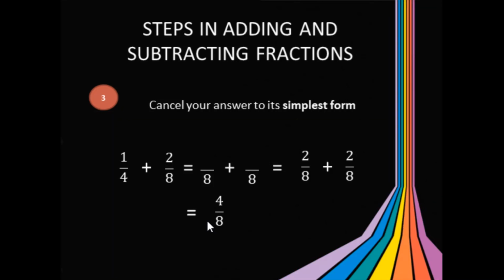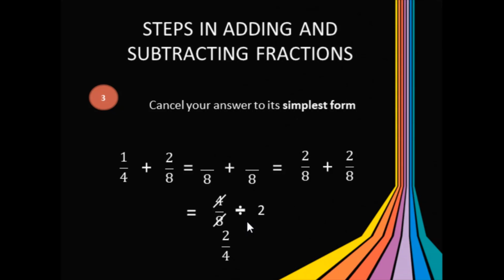Okay, we can have 2. We cancel it this time. 4 divided by 2, we get 2. 8 divided by 2, we get 4.